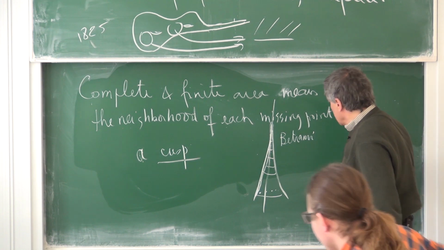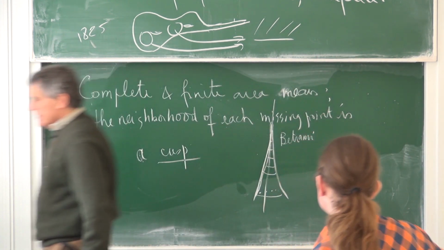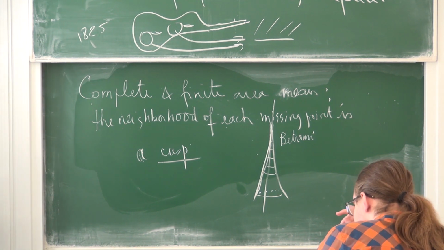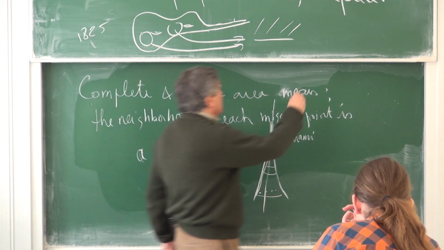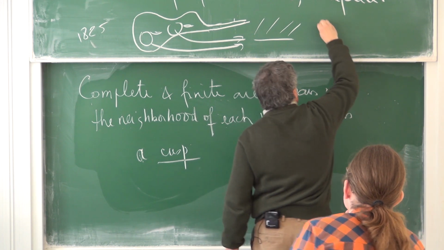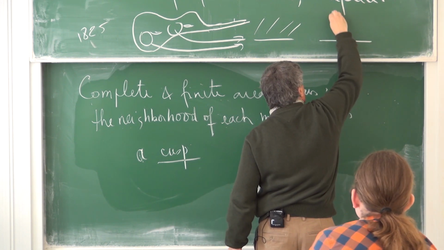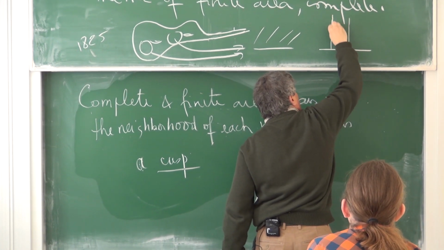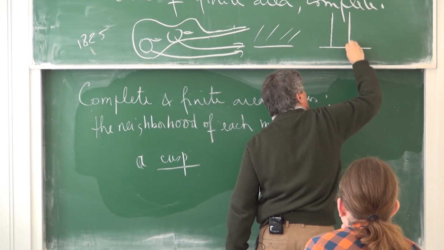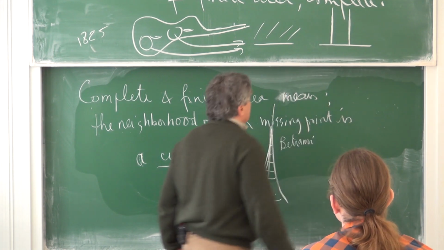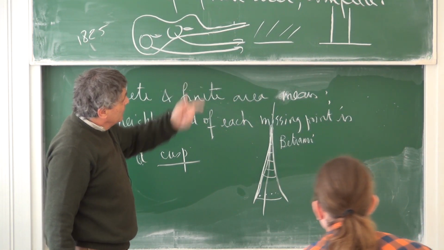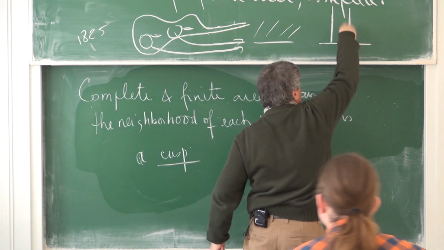Or otherwise, if you don't like this, a cusp is just, if you use the upper half plane model, you take two vertical lines. From the form of the metric I gave you, these two vertical lines are geodesics, right?